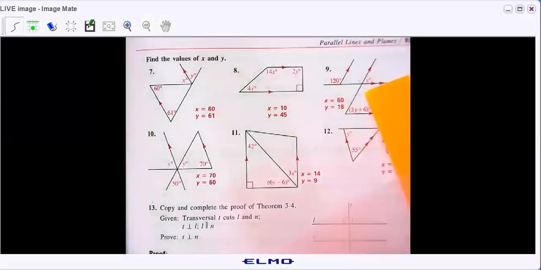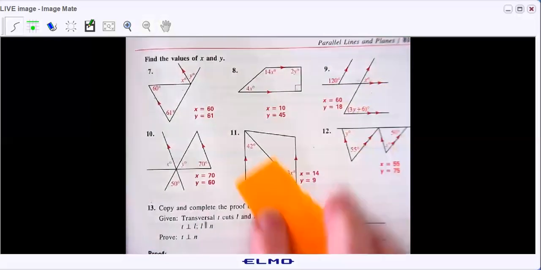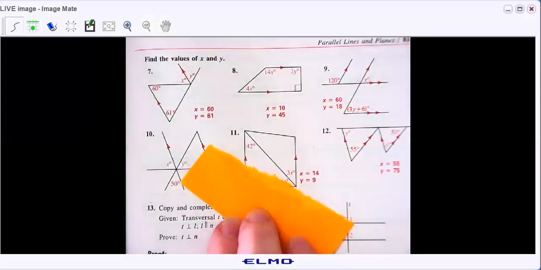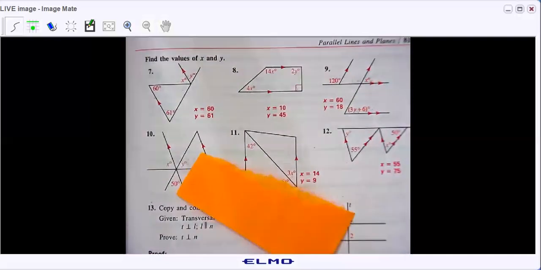Look at number 11. So if we look at, let's see, I'm going to cover that one. My parallel lines, and I've got 3x and I've got 42. What's the relationship between those two angles? They're in between my parallel lines. Are they opposite side of the transversal or the same side?